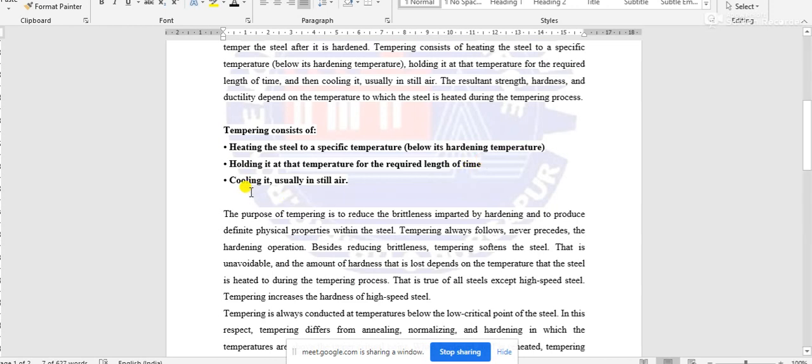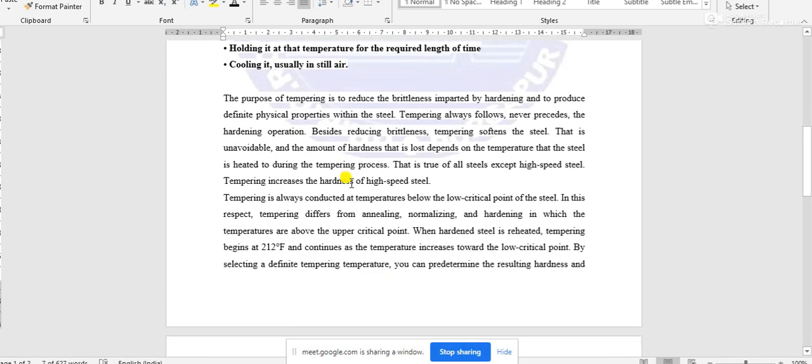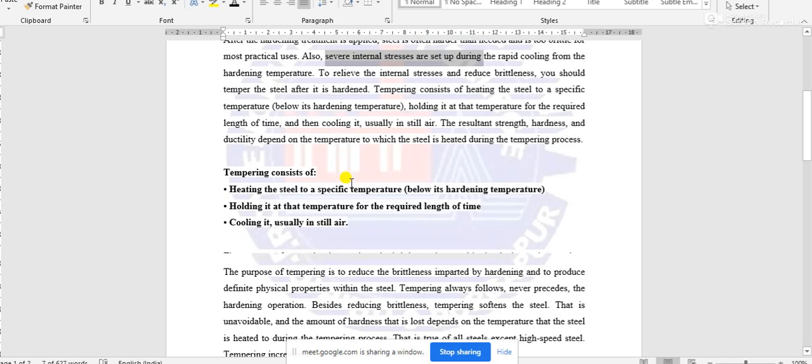But in tempering we have to hold the temperature for a longer time than in hardening. The next step is cooling it, usually in air. Using air for cooling the hot steel, the process is obviously slow. This is the basic process of tempering.